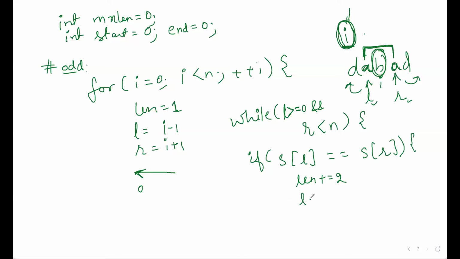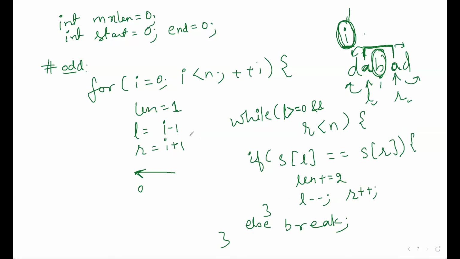And next operation is you'll move forward and check for other characters on left and right side correspondingly. So L minus minus, R plus plus. If they are not equal, you'll come out of the loop. Okay, because you cannot take them. You have to stop there.